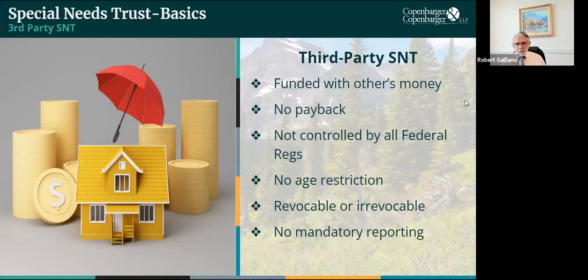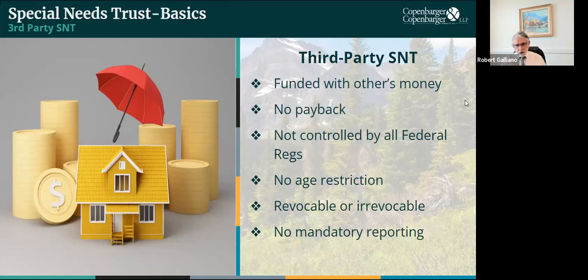So as the clerk picks up a trust for review and the title reads Special Needs Trust, they may be looking for that payback provision. And if they cannot find it, they may deny or declare the trust to be invalid. So when it's a third-party trust, in order to provide easier identification as to what it is, we call it a supplemental needs trust.